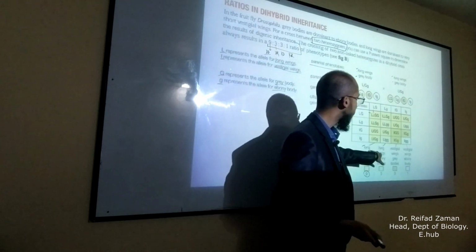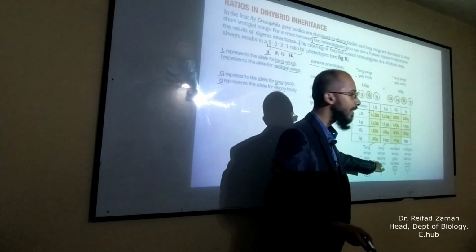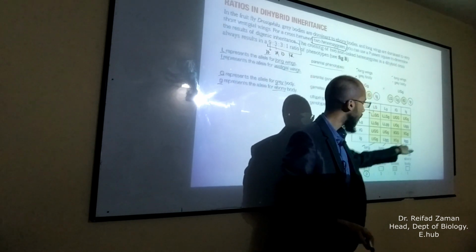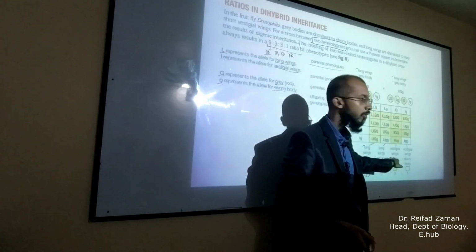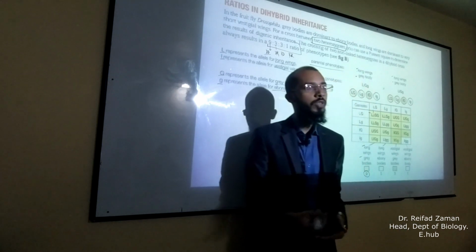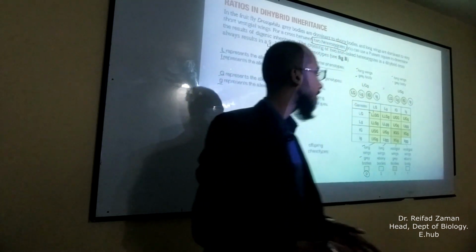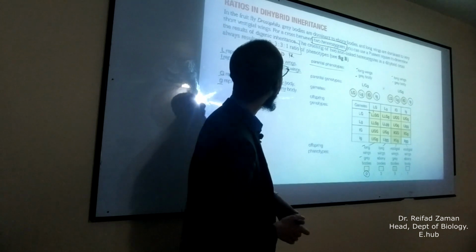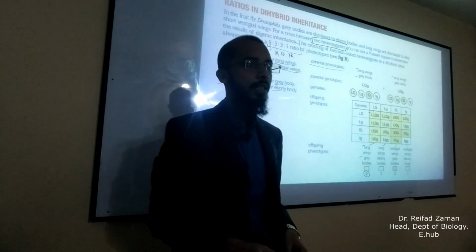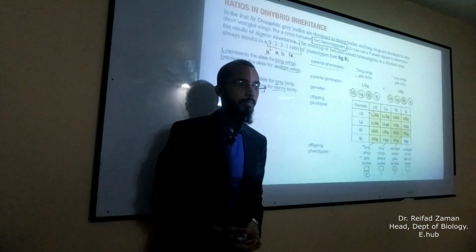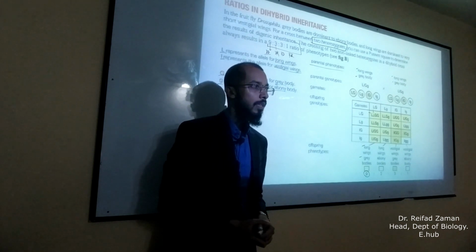And for the mixtures, একটা হবে long wing with ebony body, আর একটা হবে হচ্ছে গিয়ে vestigial wing with gray body. So they will arise at a ratio of 3:3. So that's how digenic or dihybrid inheritance is acquired. Any questions? Okay, yes.